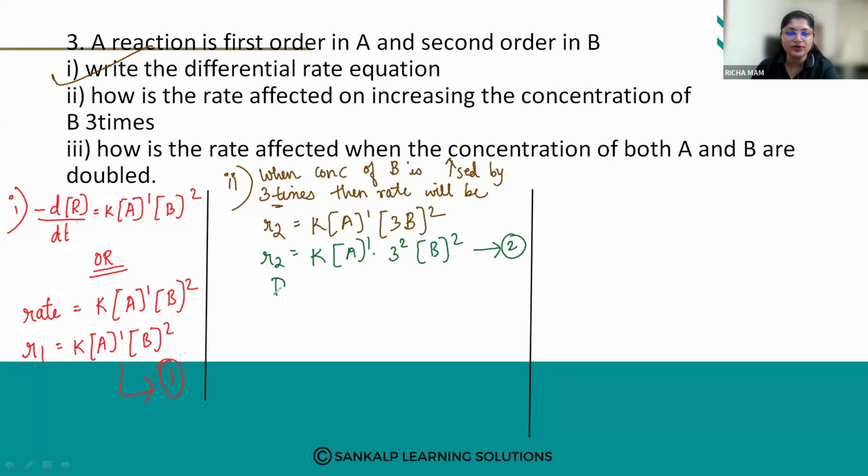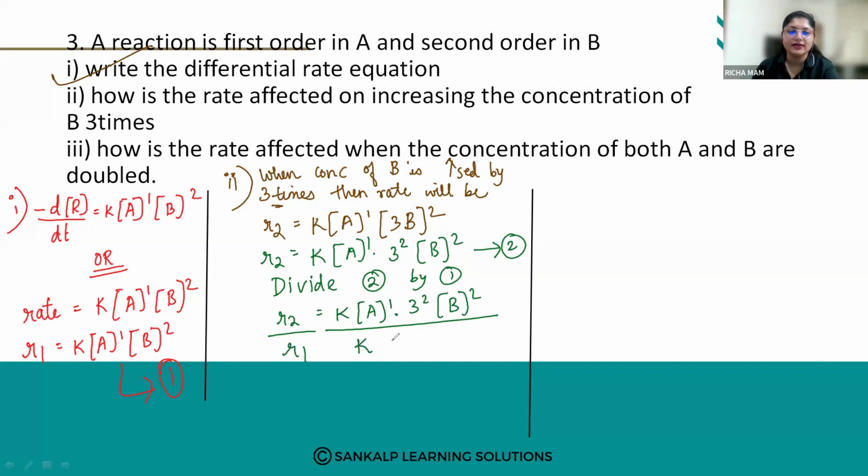Now what we'll do is divide 2 by 1. So R2 is equal to K A raised to 1 into 3 square into B square, divided by R1, which is K into A raised to 1, B raised to 2.